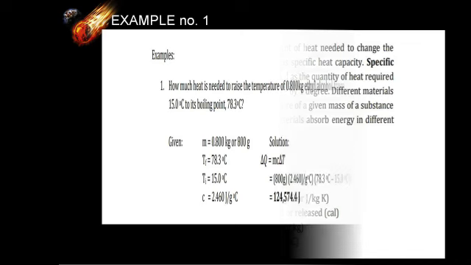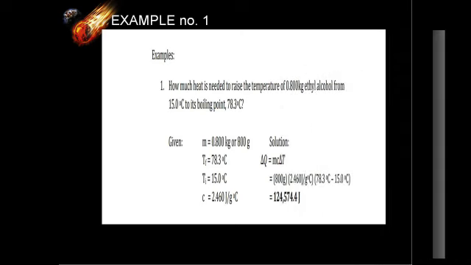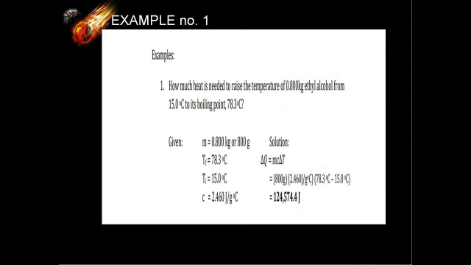How much heat is needed to raise the temperature of 0.800 kilogram of ethyl alcohol from 15 degrees Celsius to its boiling point, 78.3 degrees Celsius? We have here the given mass equal to 0.800 kilograms, which you will convert to 800 grams. For T sub F, or final temperature, we have 78.3 degrees Celsius.